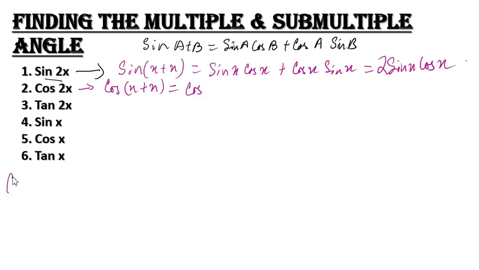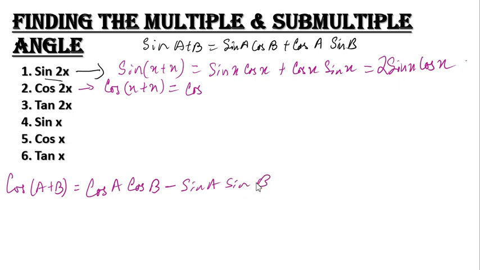Let me write it over here: cos a plus b is cos a cos b minus sin a sin b. In this case a and b are both the same.